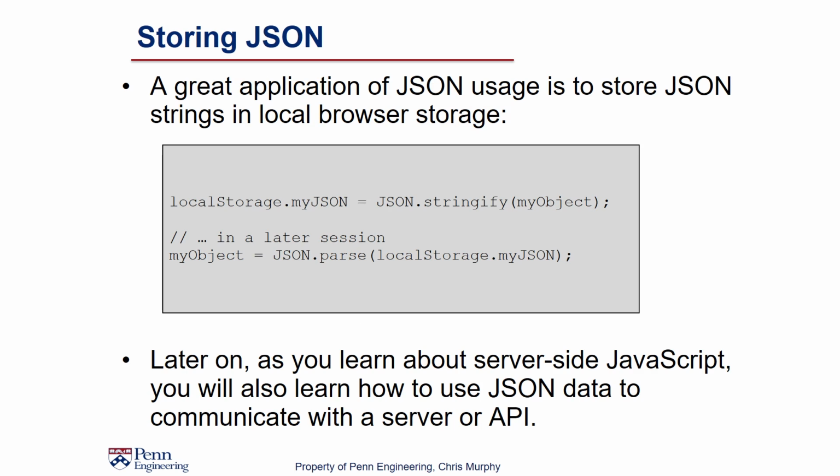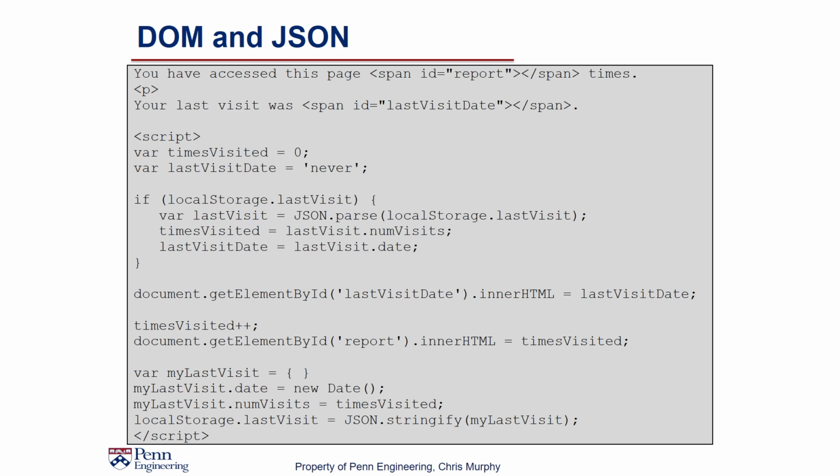This allows me to use objects in between page requests within local storage. I can use stringify to convert an object to JSON, and I can use parse to convert the JSON back to the object. Let's see one last example of how we would use stringify and parse along with local storage and the document and put everything together.